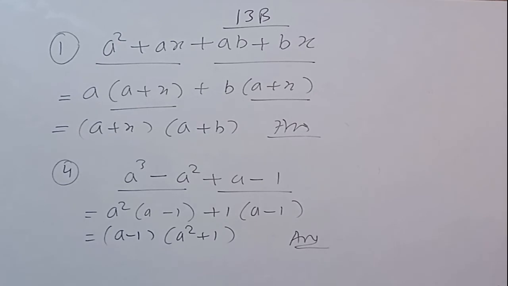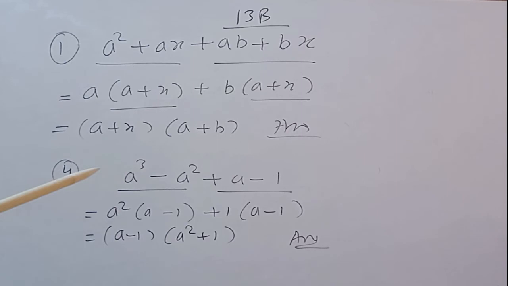Now I'm taking question number 4, a³ − a² + a − 1. Making pairs: a³ − a² and a − 1. In the first pair, a² is the greatest divisor that can divide both terms, so we take it outside, and in the bracket we will have a − 1.